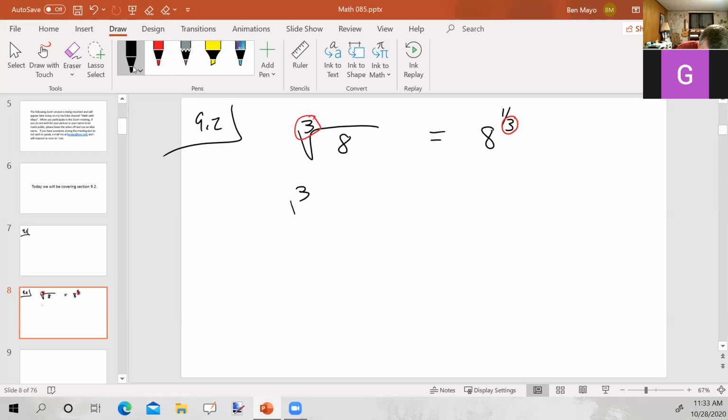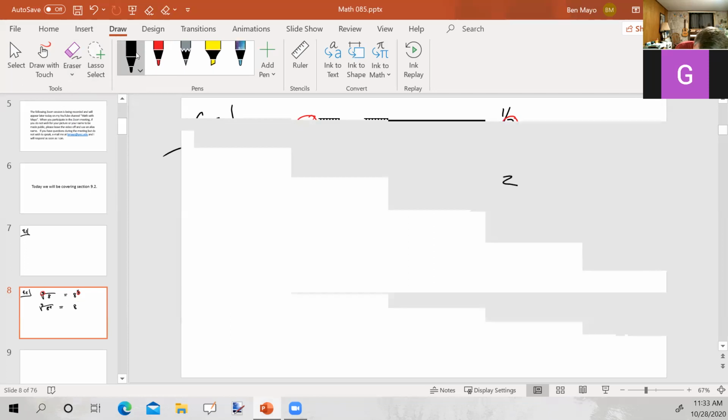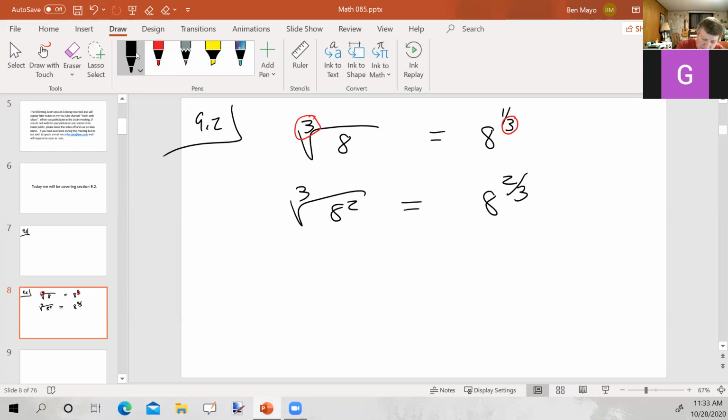Furthermore, if we had the cube root of 8 squared, that would be 8 to the 2/3 power. So the exponent is still on top, and the index becomes the denominator. Okay, any questions yet?